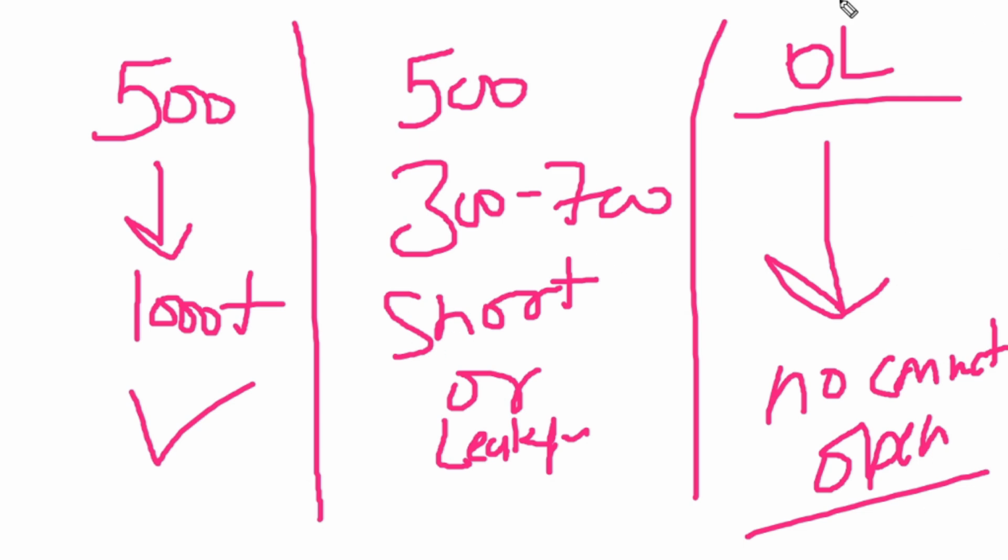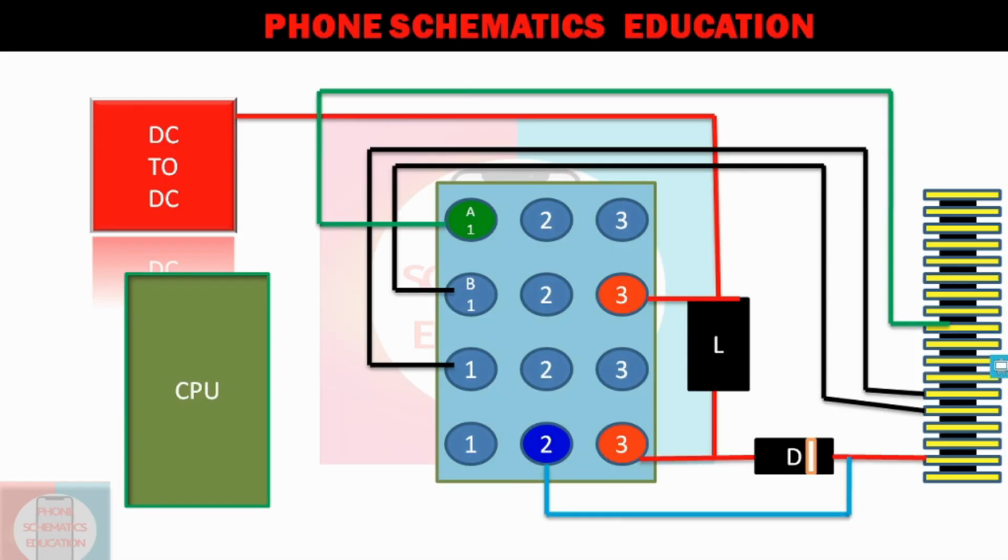Now we discuss one by one. Starting from here, OL, then short, then OK. How to confirm these three steps in detail. Now there is a circuit.